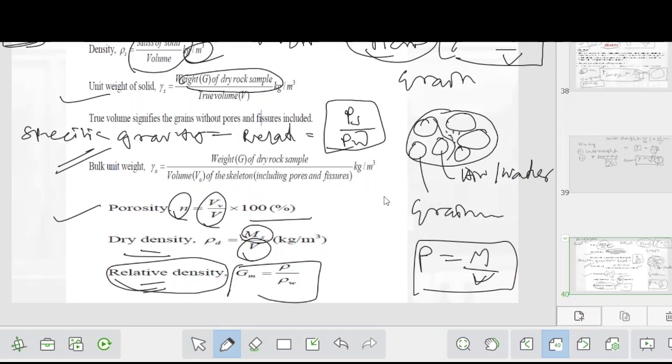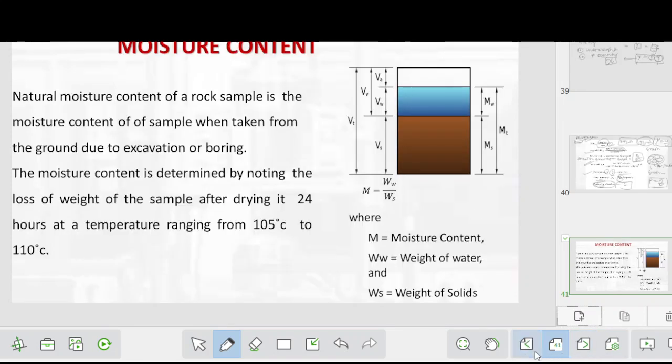So specific gravity is unitless, but density has units of kg per meter cube or gram per centimeter cube. Clear? Okay, one slide is missing, I think.